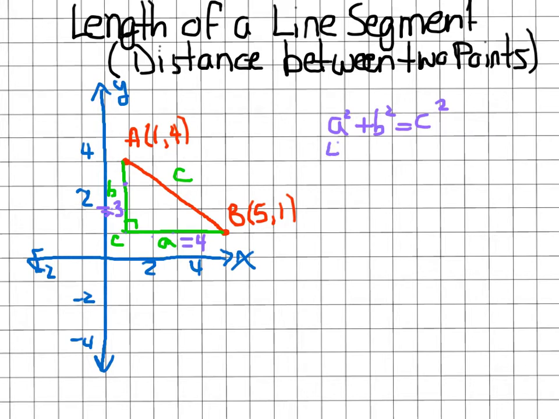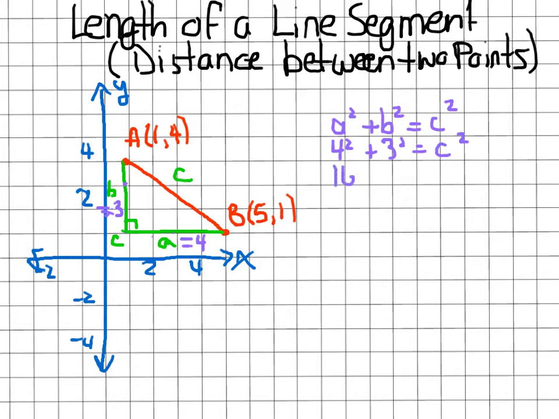That means, oops, sorry about that. I'll just erase that and start again. And again, A squared plus B squared equals C squared. So we have 4 squared plus 3 squared equals C squared.